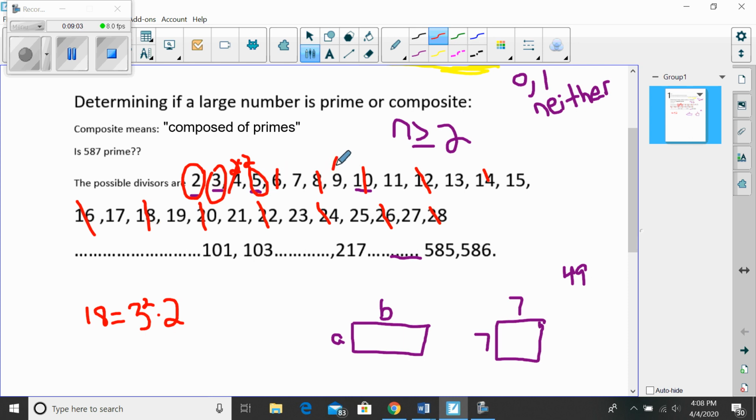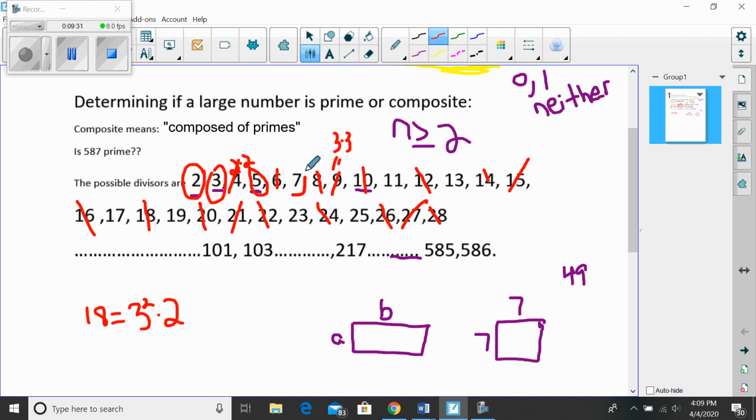Since 9 is 3 and 3, 9 couldn't divide it if 3 doesn't. So knowing that 3 doesn't divide it, I can eliminate all multiples of 3. Again, I am cutting my work way down, because 21 couldn't divide it because 21 is made up of 3 and 7. So I'm starting to be able to really cross out a lot of potential divisors.